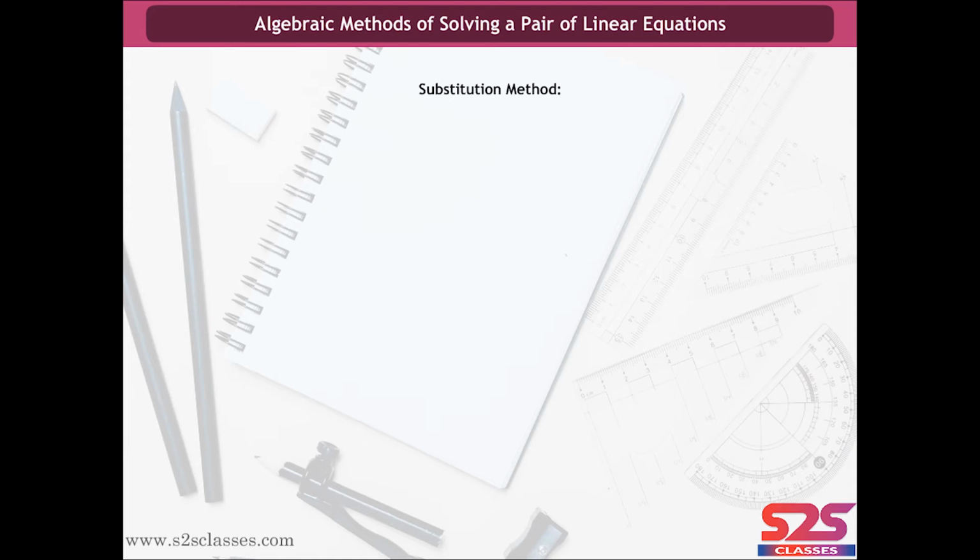Substitution method. Step 1. Let the equations be a1x + b1y + c1 = 0, namely equation 1, and a2x + b2y + c2 = 0, equation 2. Step 2.